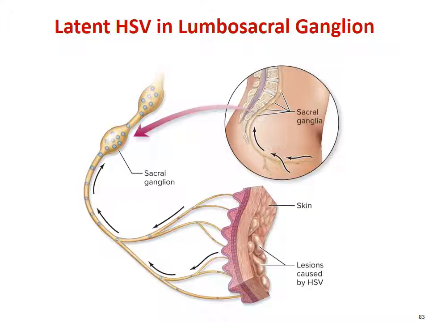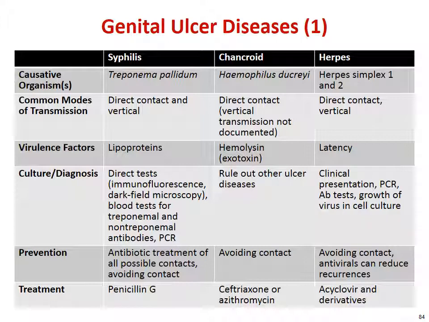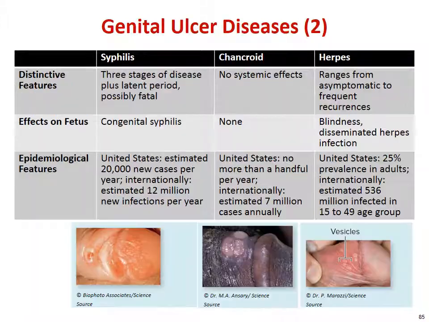So here's that illustration of the sacral ganglia being a region where the virus is going to be occupying, and so that virus can follow that nervous tissue, thus it would keep presenting on the genital region. So here's that genital ulcer diseases. Here's a continuation.